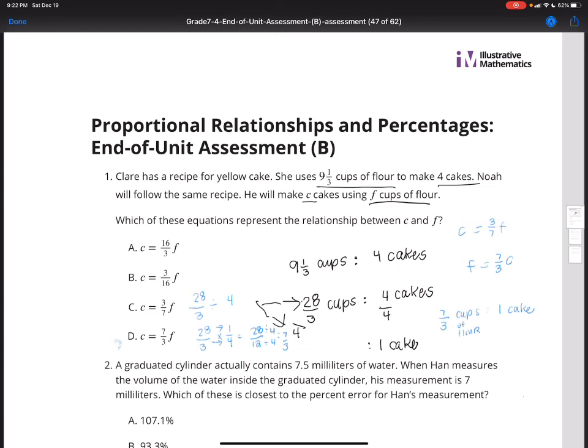Notice that the ratio, the fraction, flipped, and in the equation, the variables change spots. So now the best answer choice would be C. Okay? You either could have had these equations, but we didn't see this one. So it had to be the other one. Okay?